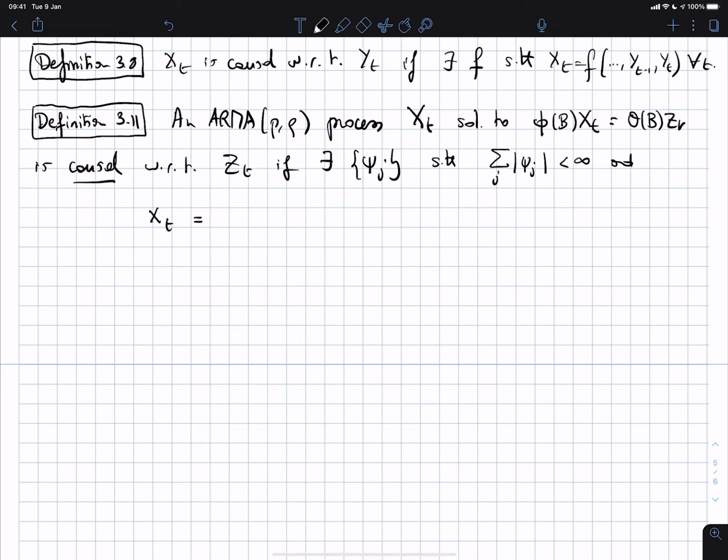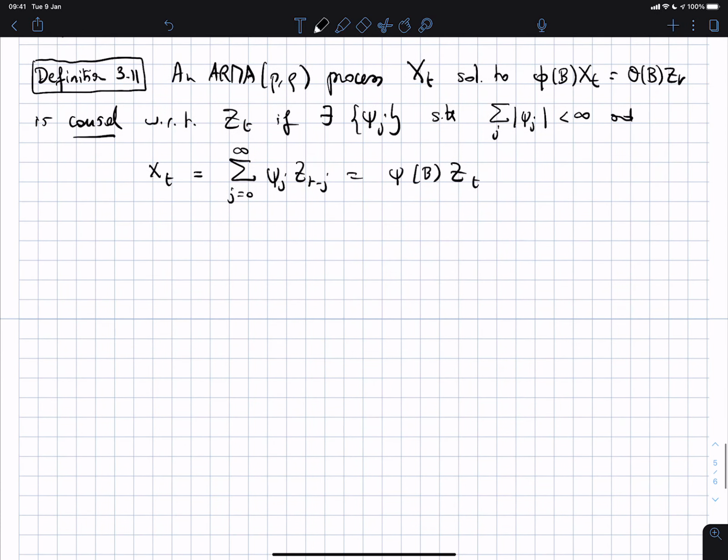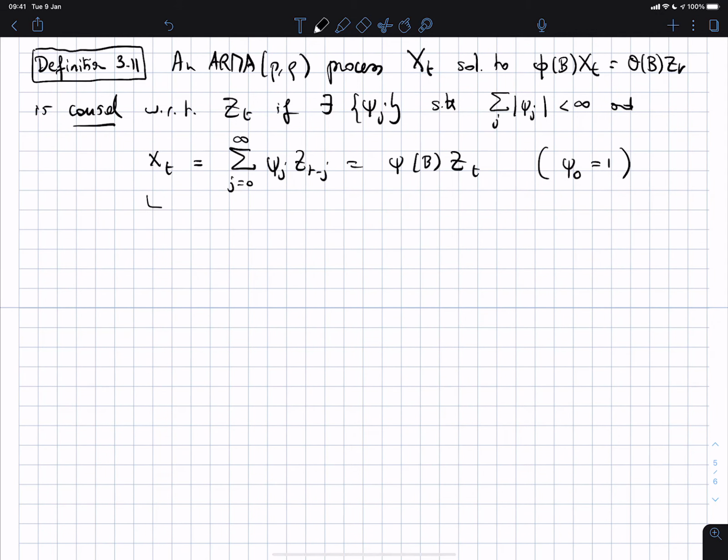So that means that xt can be written as this one. We will have to clarify exactly what we mean by this summation. We will do that later on. And this is called the causal representation of xt.